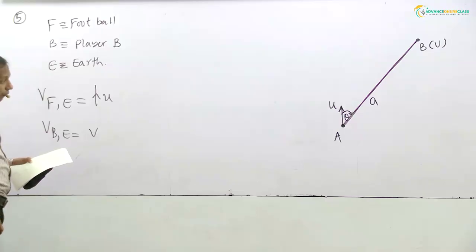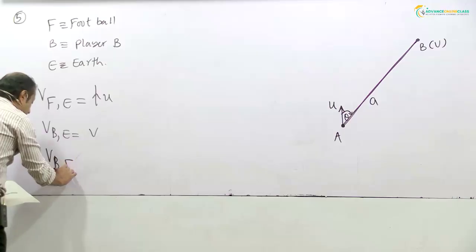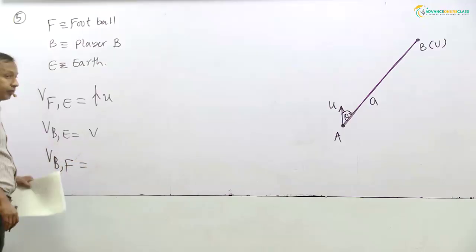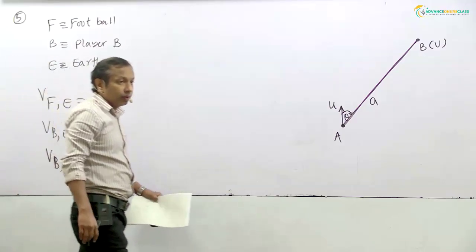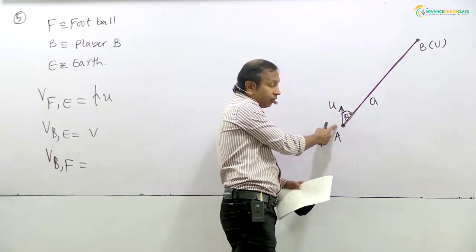Now we consider the velocity of B relative to the ball, the football. Now, the ball begins to move from here with velocity u.